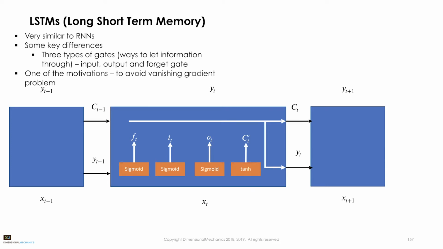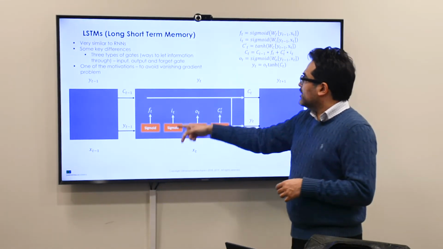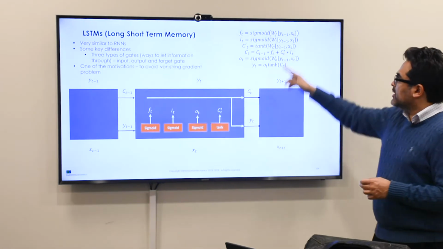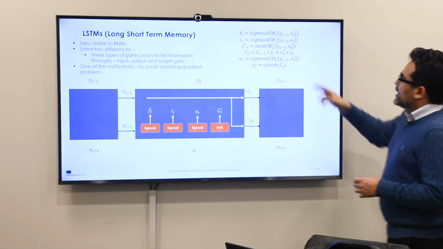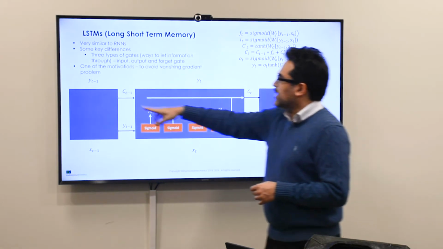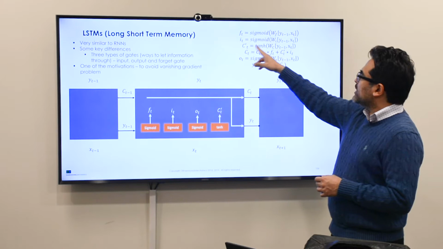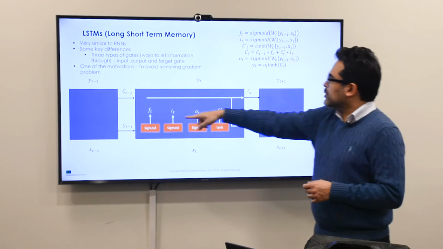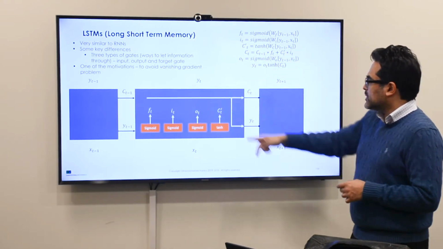Wf is a weight matrix that corresponds to forgetting. Then you have your input, which again has a weight matrix associated with it, and that again takes y t minus 1 and x t. Then you have another weight matrix corresponding to the state value. You calculate, again with a weight function taking in the previous y t minus 1 and x t, the c t prime.